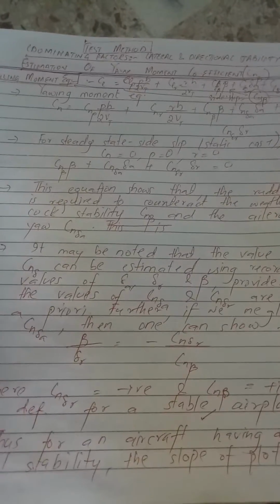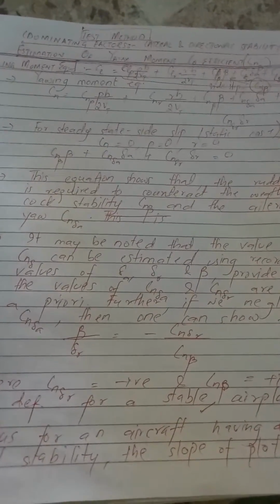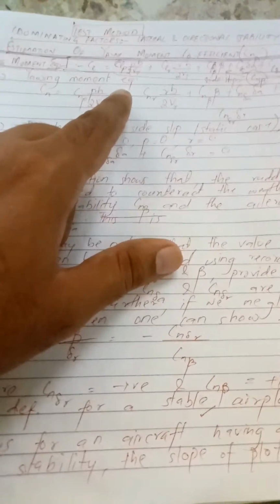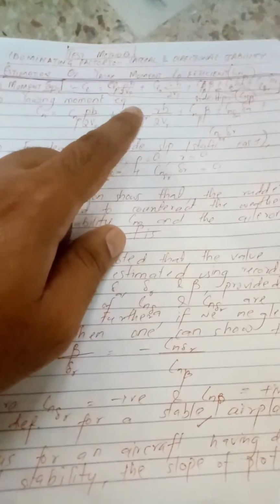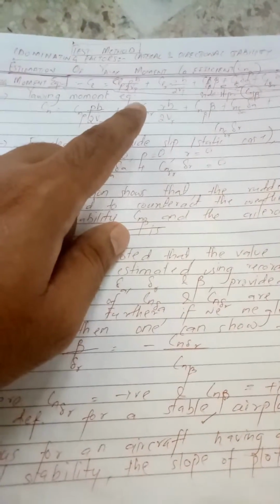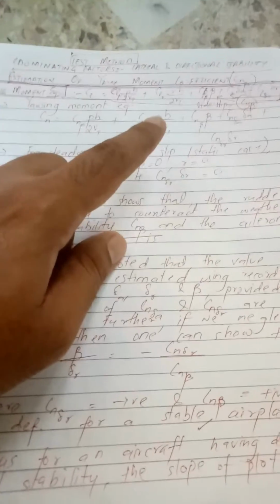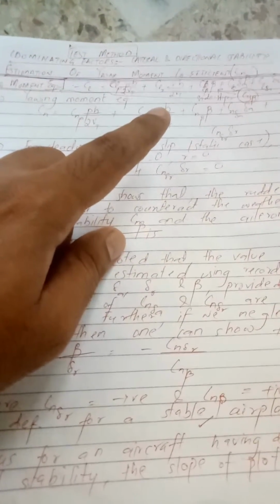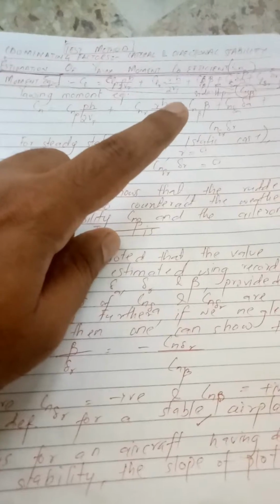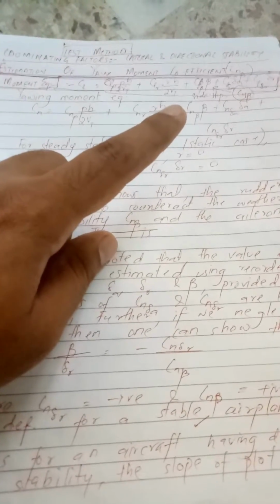The main part was the third part, that is Cl of beta into beta.